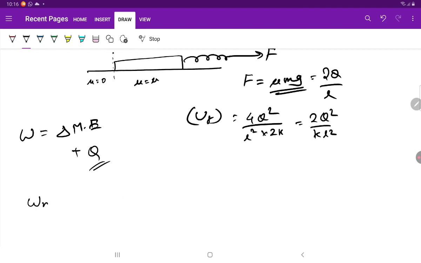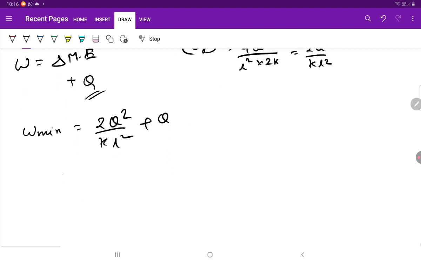Thus, I can say W min is equal to the initial mechanical energy, which is 0, plus the final mechanical energy, which is 2Q square by kL square. Now you may wonder why the initial mechanical energy is 0. Because when you are trying to pull the block at the initial stage, the force required will be negligible because the block is completely on the frictionless side. So initial will be 0, final will be 2Q square by kL square, plus Q. From here you will get 2Q square plus kL square Q minus kL square W min equal to 0.